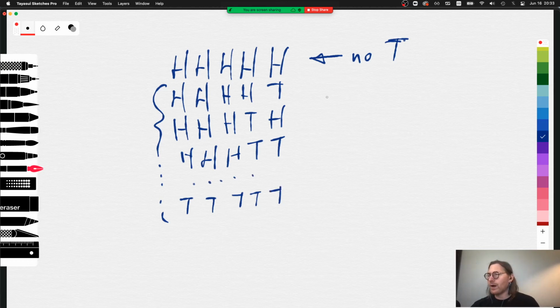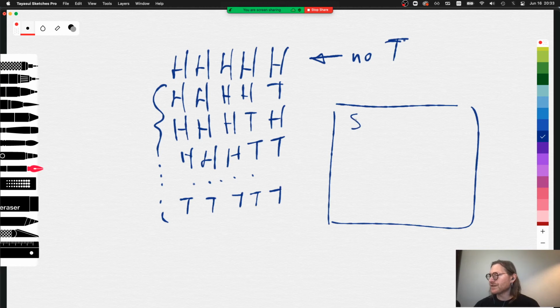So if we think about that in terms of S, we have one instance in S that represents our point of focus. Whether we call this A or let's call it H for all heads.